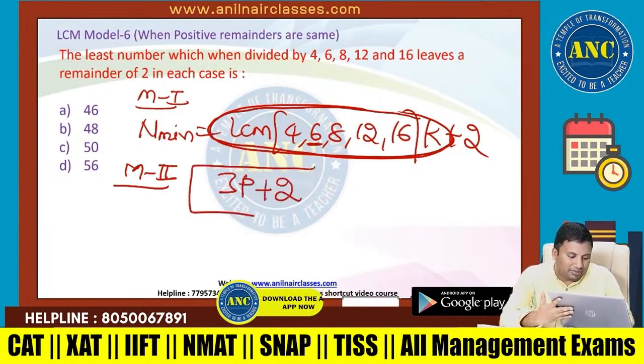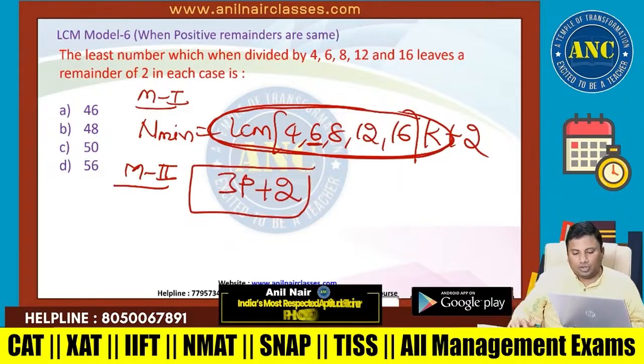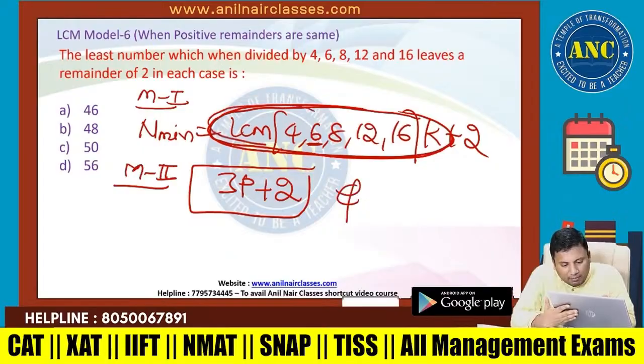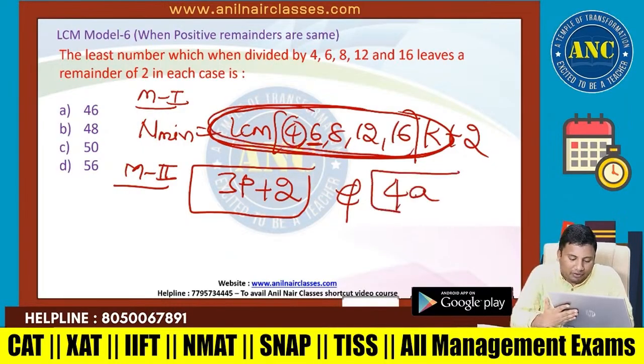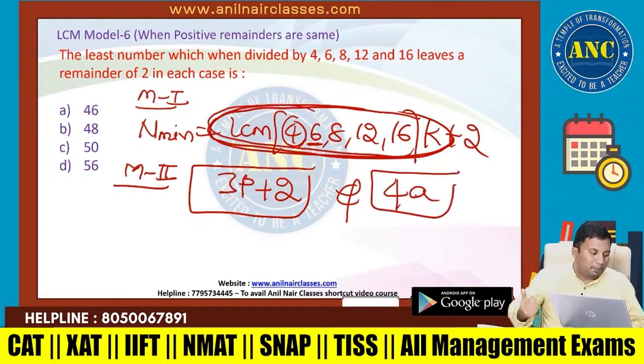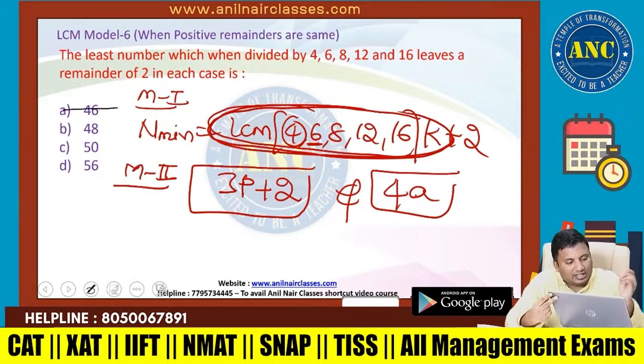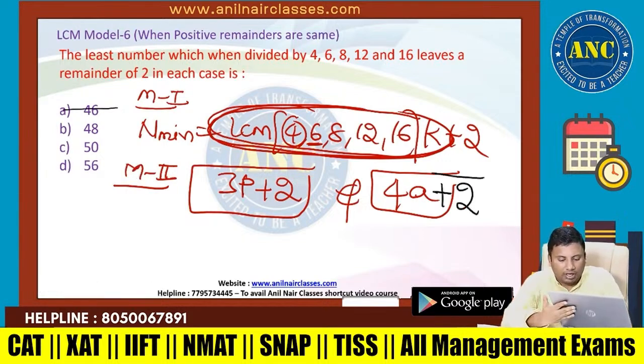The answer should be of the form 3p plus 2 and divisible by 4. So 4a plus 2. Sorry, 4a plus 2.